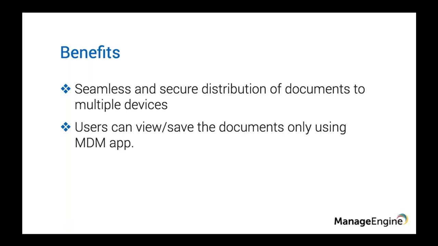The other benefit is that users can view and save the documents only using the MDM app. The documents that have been distributed from the server go directly to the MDM app. From the MDM app, the user can view and save. So the chances of it being saved in any third-party service or being accessed by any other app get completely nullified.